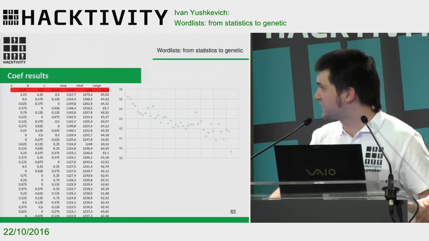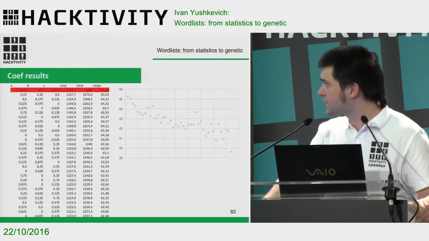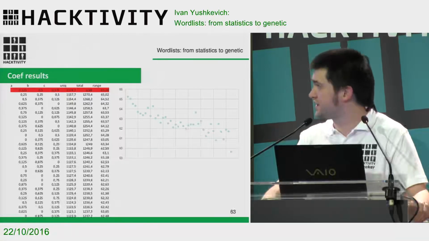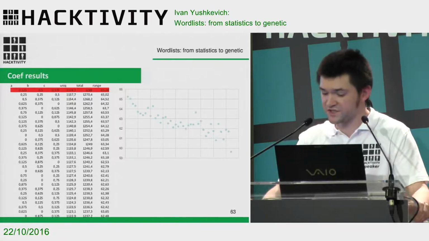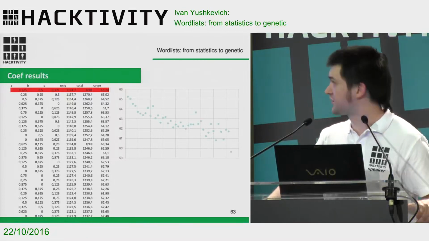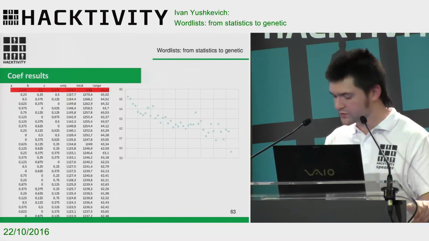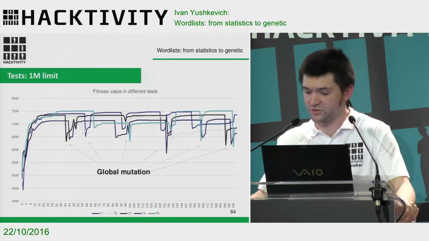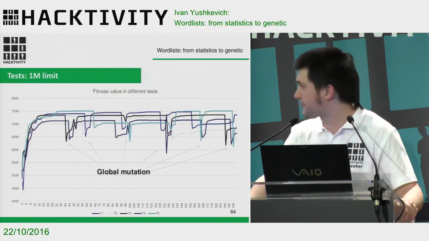And some final results. I got that using some coefficients, I can get results that are best in all values: unique passwords, total passwords, and crack rate. Using them, I tried to create nearly 5 dictionaries to see what results I would get.